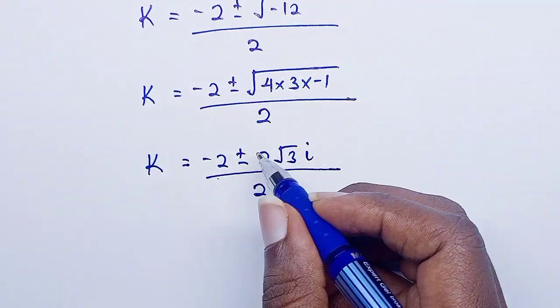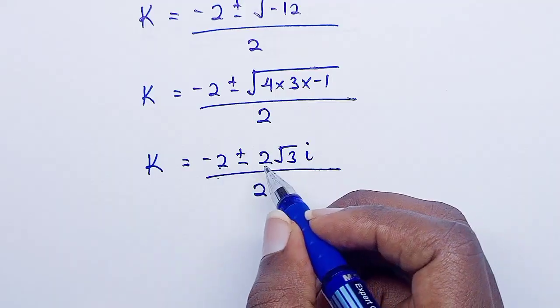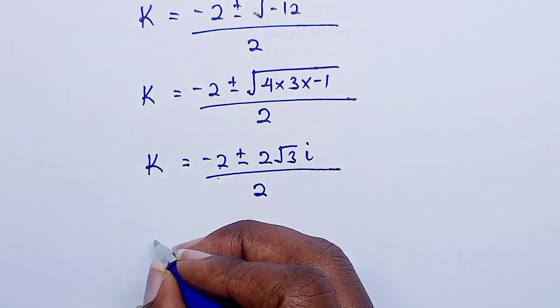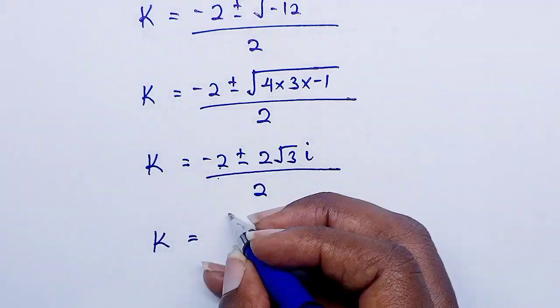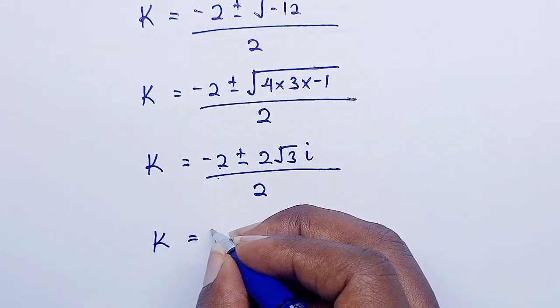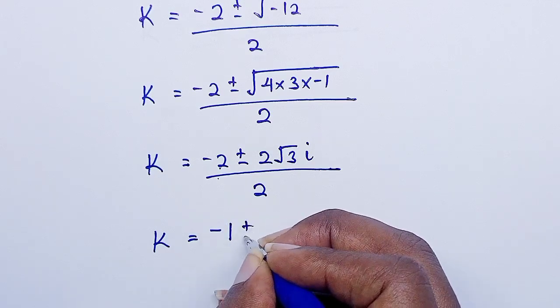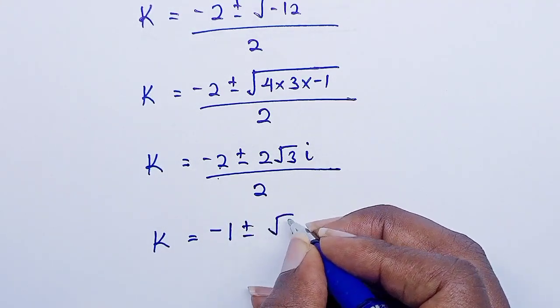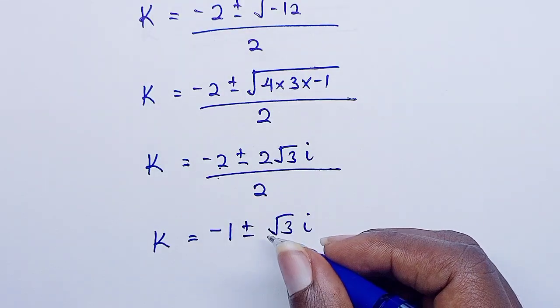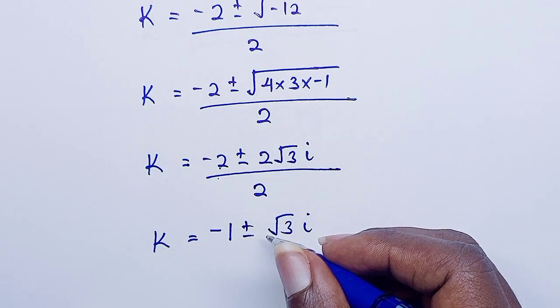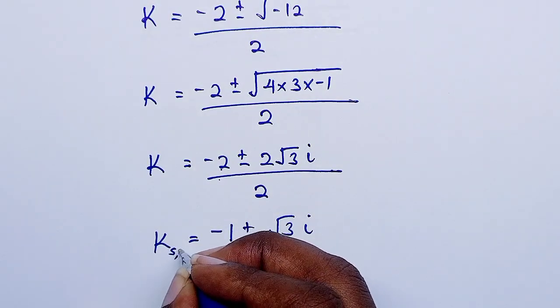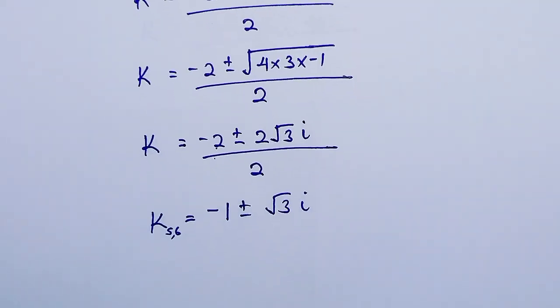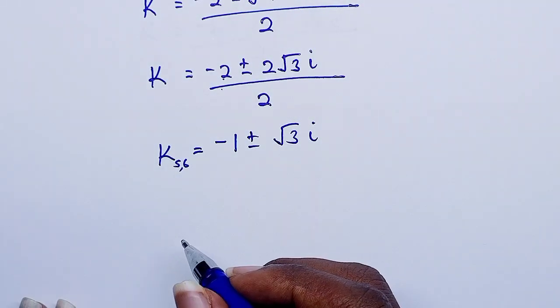So this cancels with a 2, since the 2 is here and here, it's divisible by this. So k is equal to negative 1 plus or minus root 3i. Now the other one was k4. So this is k5 and k6.